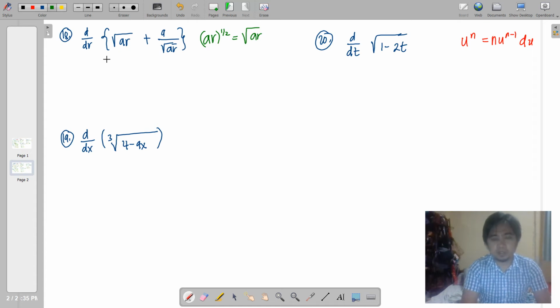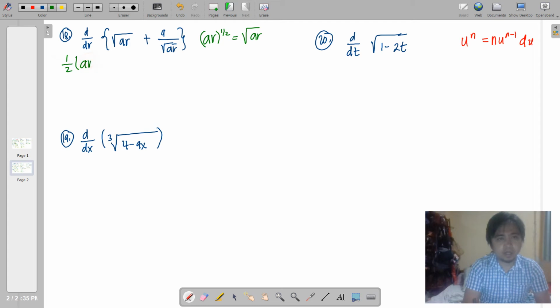So, if we can see here, we're going to differentiate this term with respect to R. So, R is our variable, and yung A here will be treated as a constant. So, moving on for the first term, this is power formula. Power formula lang naman niya. We have the first term. Baba mo yung 1/2. Okay?